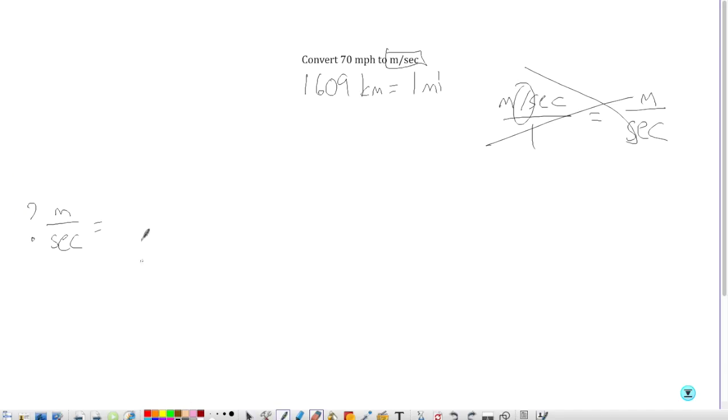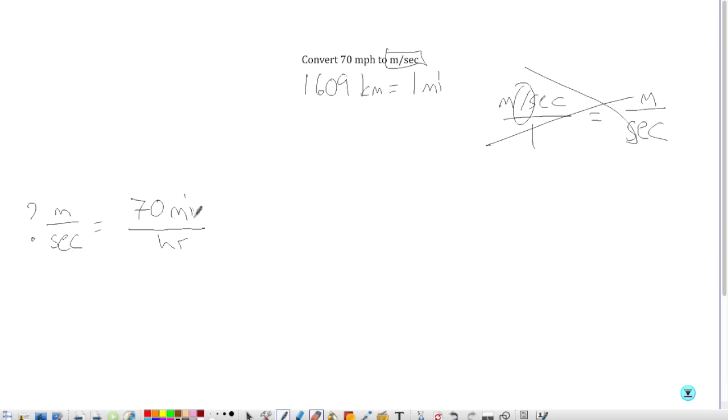So I've got the setup that I need. And the next thing that I'm going to do is my given, which in this case is miles per hour. Okay? Now this is a conversion factor, right? This converts between hours and miles. And so it's okay to start with a conversion factor here because what I'm looking for is another conversion factor, okay?